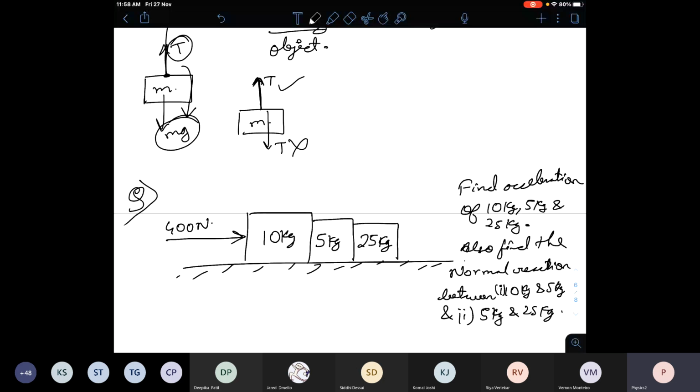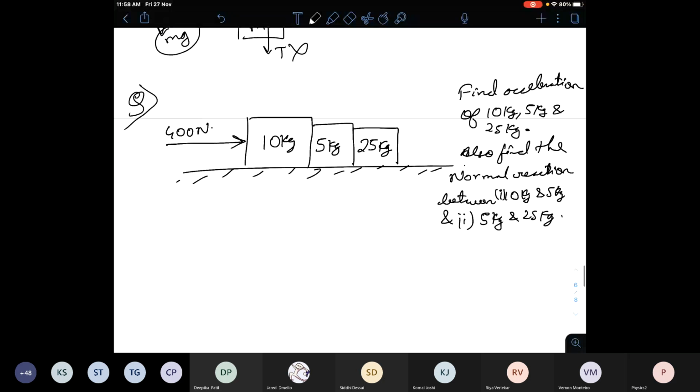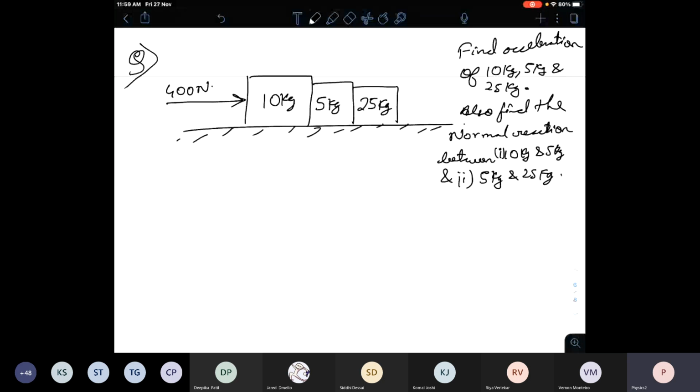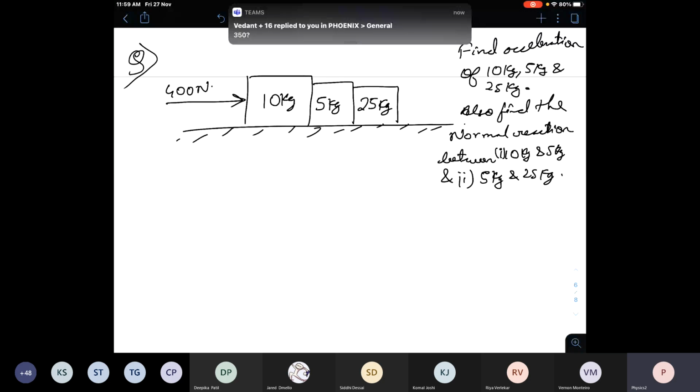Not getting any answers. 350. First or second? Whichever, neither first nor second is 350.